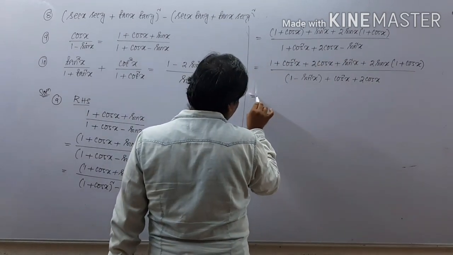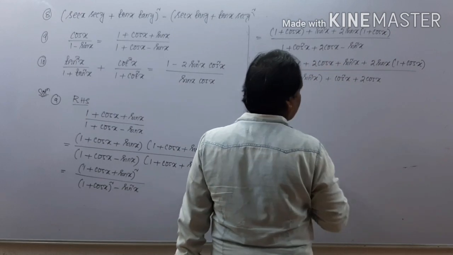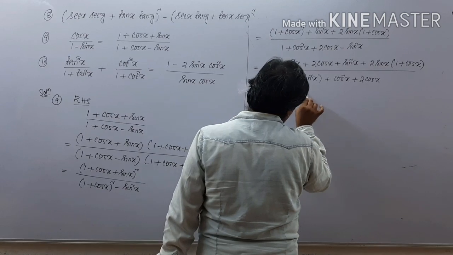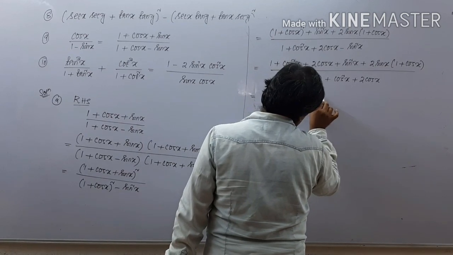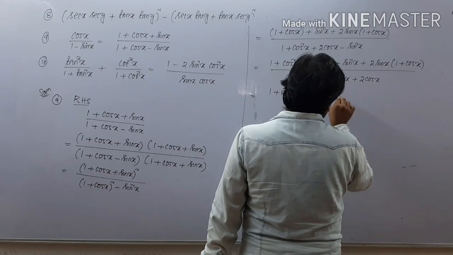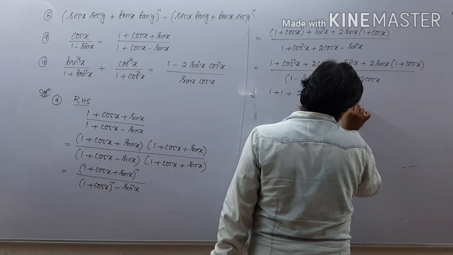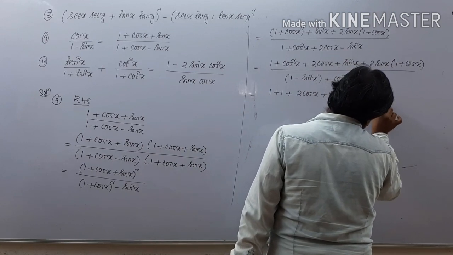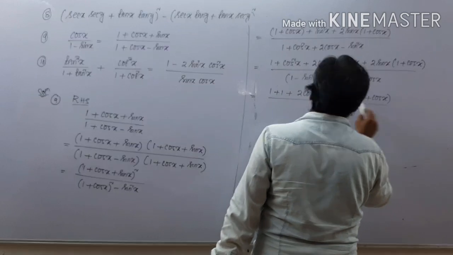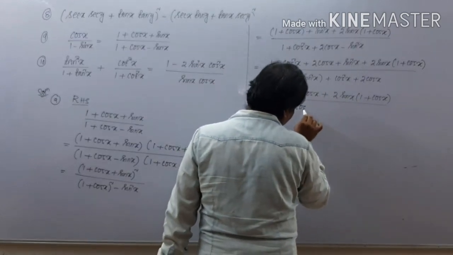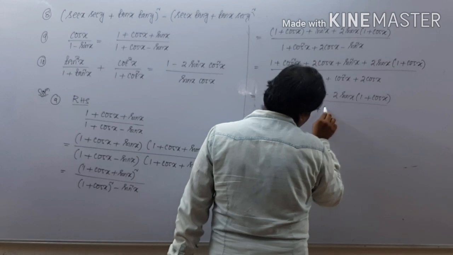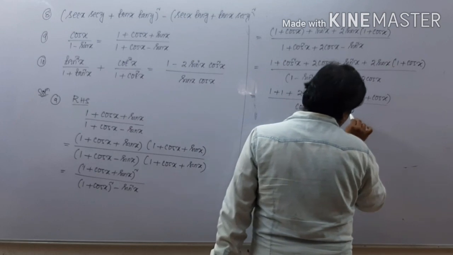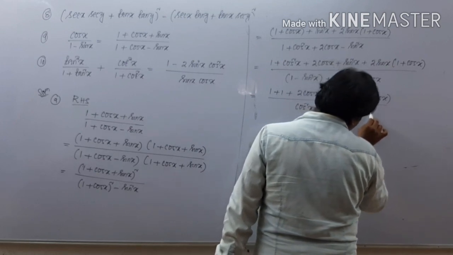See that clearly cos square x plus sin square x is again 1, right? So I will put 1 plus 1 plus 2 cos x plus 2 sin x multiplied to 1 plus cos x, divided by cos square x plus cos square x plus 2 cos x, right?